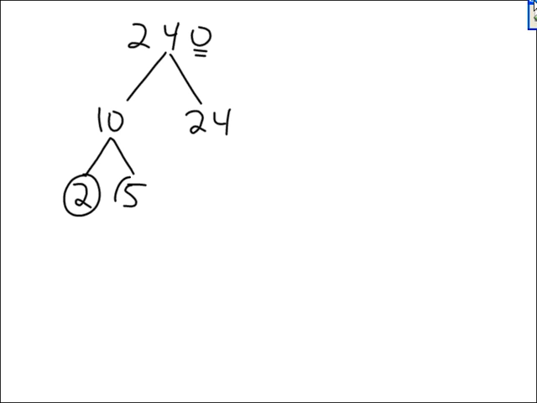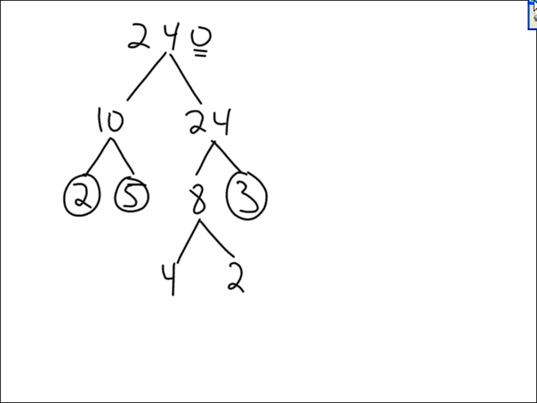The 2 and the 5, they're prime. 24 is not. 24 is 8 times 3. 3 is prime, but 8 is not. 8 is 4 times 2. The 2 is prime, the 4 is not. 4 is 2 times 2. And the 2's are prime.